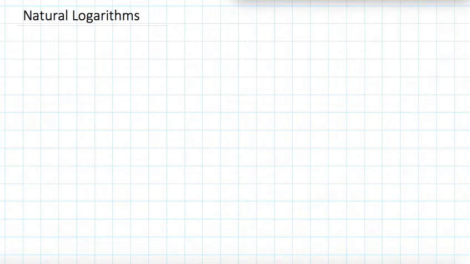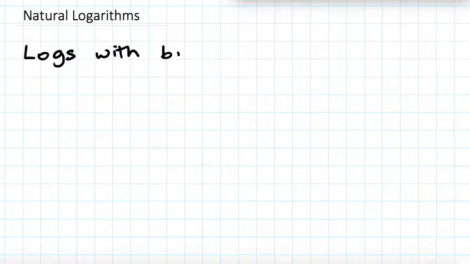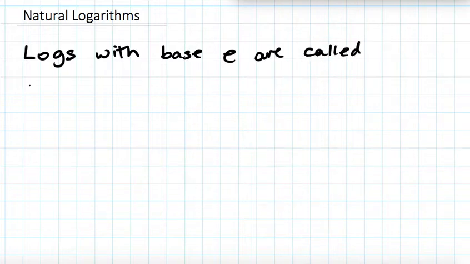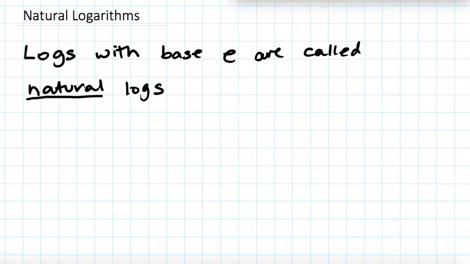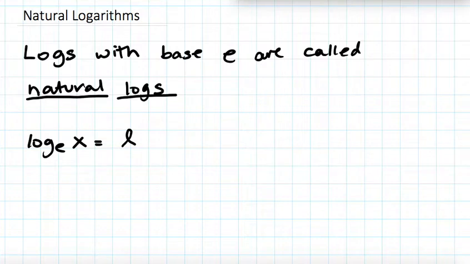Next, we're going to talk about natural logarithms. Natural logarithms are logs with base e. So if we have log base e of some number, I can also write that like this, ln.